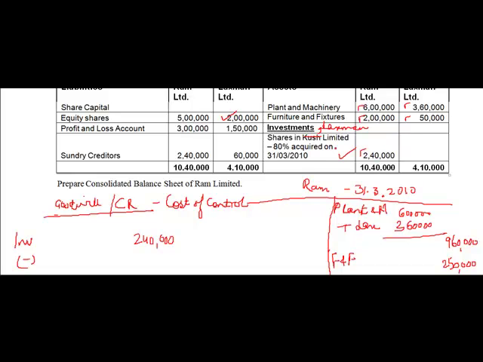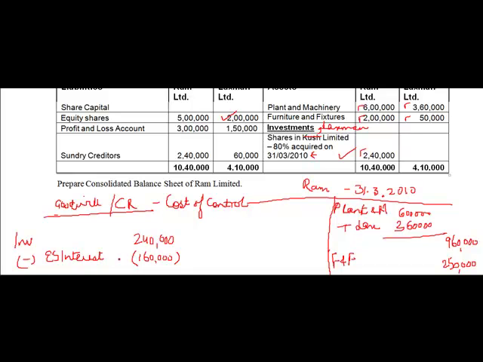I got 80% of shares of Kush Limited, which I had acquired on 31/3/2010, and the share capital of Kush Limited is actually 2 lakh. So I am owning 80% of this. So 80% of 2 lakh will be equity share interest. How much is that? It is 1,60,000, which is nothing but 80% of 2 lakh.